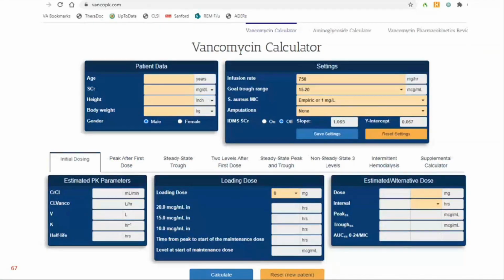But here we have a vancomycin calculator, and what I used for the purposes of this presentation is the VancoPK website, which you can access on your mobile device or computer, anywhere with an internet connection. Basically they use the same parameters, and they will use those equations to calculate an optimal dose for you.